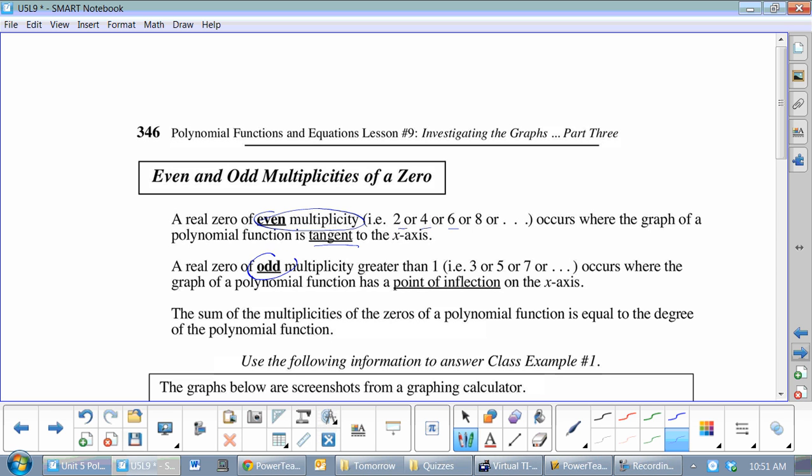If you ever have odd multiplicity, it will always be a point of inflection. The bigger number just affects the steepness. So yesterday we just dealt with squared and cubed. Now we're going to say 2, 4, 6, 8, 10, 12, 14, 16, blah, blah. They all will be tangent. So even will be always tangent, odd will always be point of inflection. Okay, that's what that rule states right there.